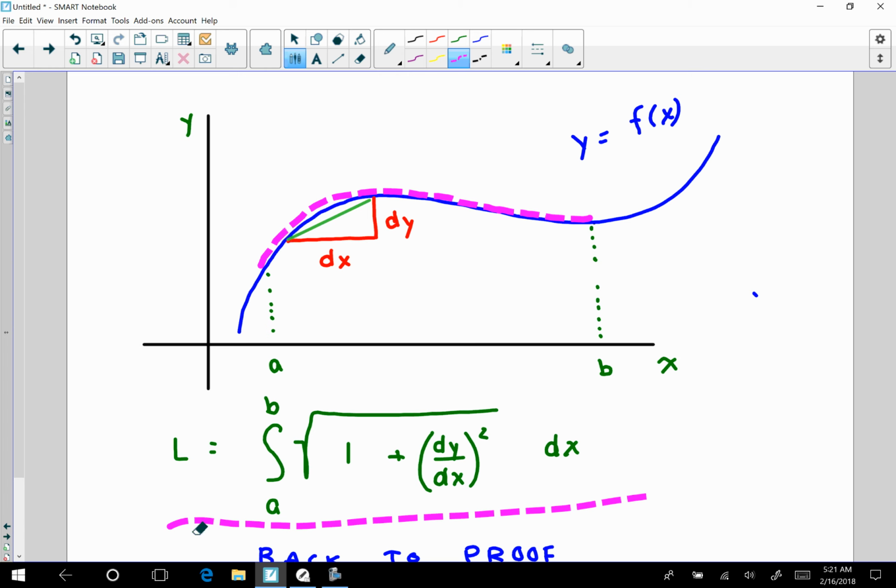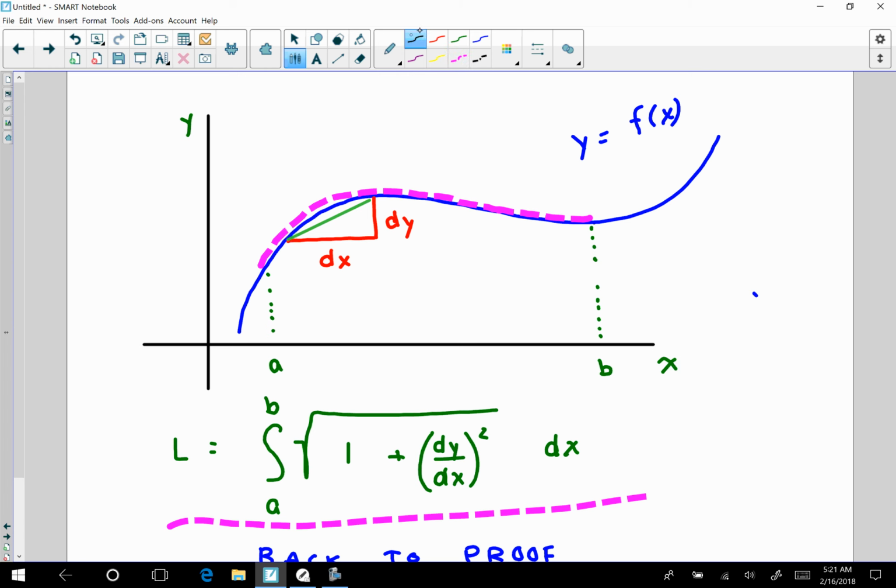This formula is going to give me the length of the curve, marked off with those dashed purple lines, of y equals f of x from x equals a to x equals b. So you can see I'm going to integrate from a to b of the square root of 1 plus (dy/dx) squared with respect to x, because I'm having y as a function of x.